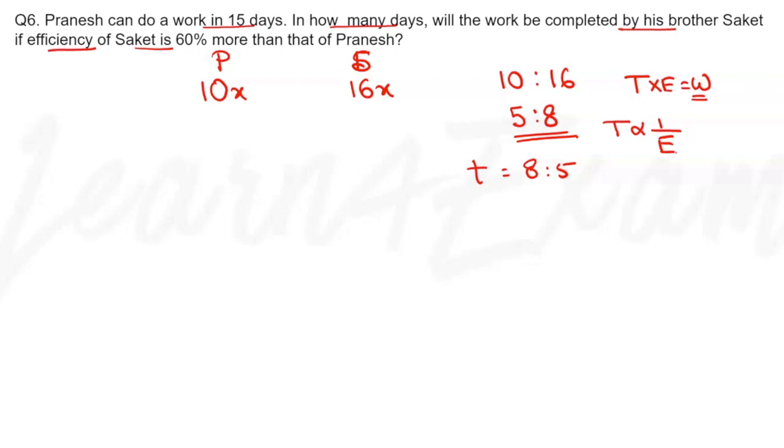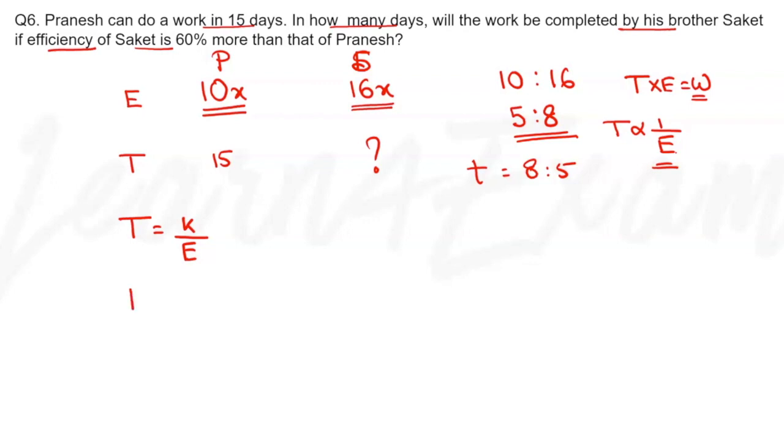right? So when P is equal to 10x and S is equal to 16x, and I'm talking about efficiencies, the time taken for Pranesh is equal to 15. I need to calculate that of Saket. And I know that T is inversely proportional to E, or T is proportional to 1 by E. So that means T is equal to K by E, where K is a constant, right?